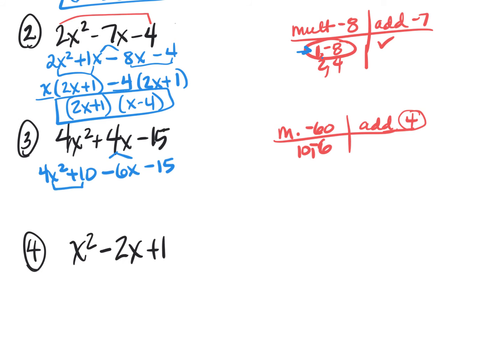So now I do GCF here. That's going to give me a 2, oh, I need an x with that 10, I'm sorry. So it'll be 2x that I take out. So I'll have 2x plus 5, bring down the negative. And what's the GCF between 6 and 15? Well, that would be a 3.